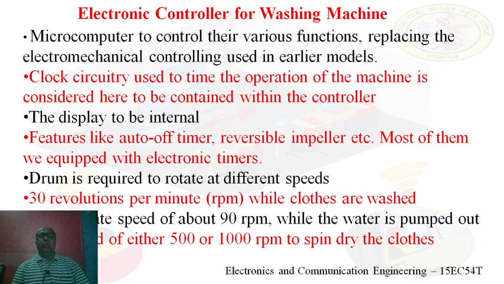Clock circuitry was used to time the operation, that means spring loaded clocks operated the machine, and the display was internal. They didn't have any features like auto off timer, reversible impeller, etc. Most of them are equipped with electronic timers.